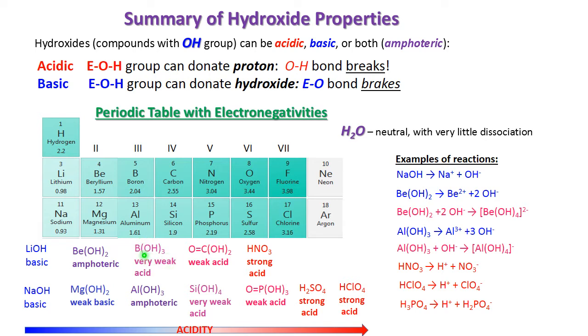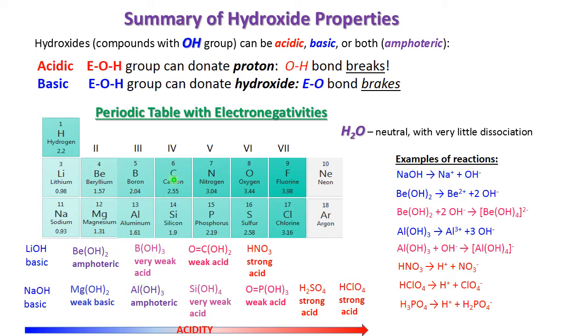Sometimes we write not B(OH)3 but H3BO3, the same compound. Now aluminum has electronegativity similar to that of beryllium. That's why it has lots of properties similar to beryllium, and aluminum hydroxide is amphoteric. We have seen that in the previous slide.